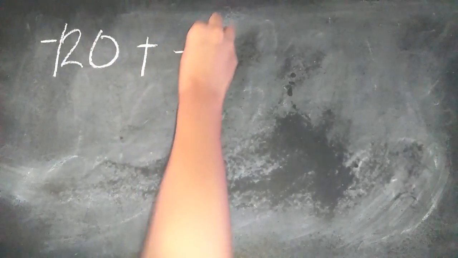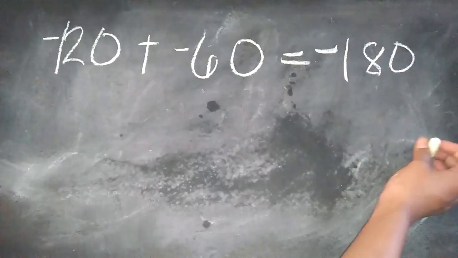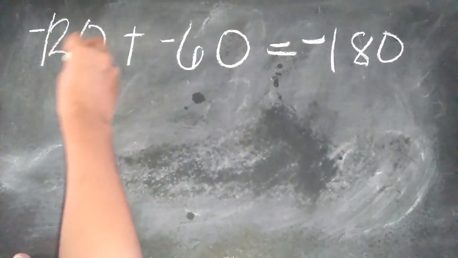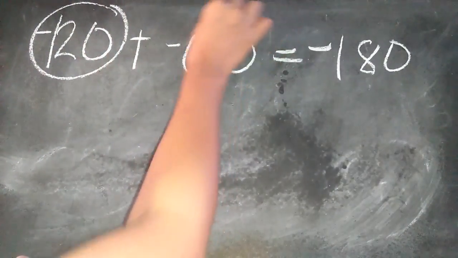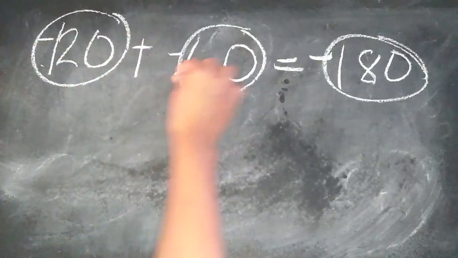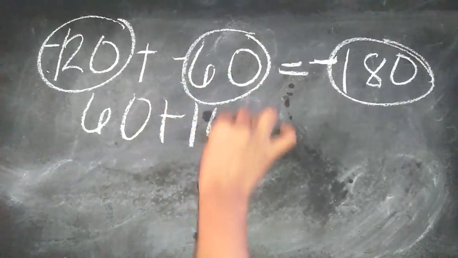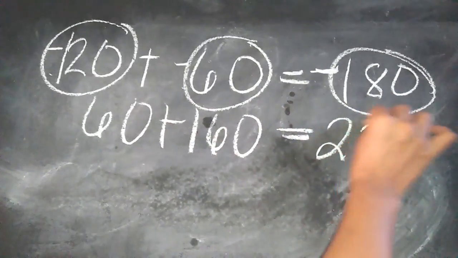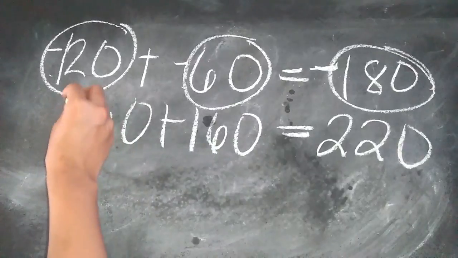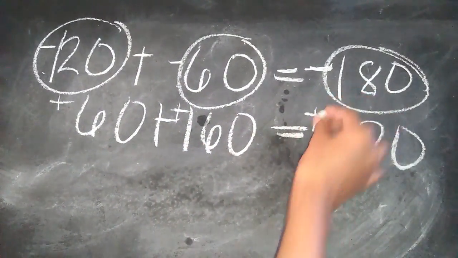Let's have another example. -120 plus -60 is simply -180, because since they have the same sign, we just simply add them. 120 plus 60 is equal to 180, and we take their sign, so negative. Another: 60 plus 160 is simply 220, because they have the same sign, which is positive, so the answer is positive 220. Simple as that.